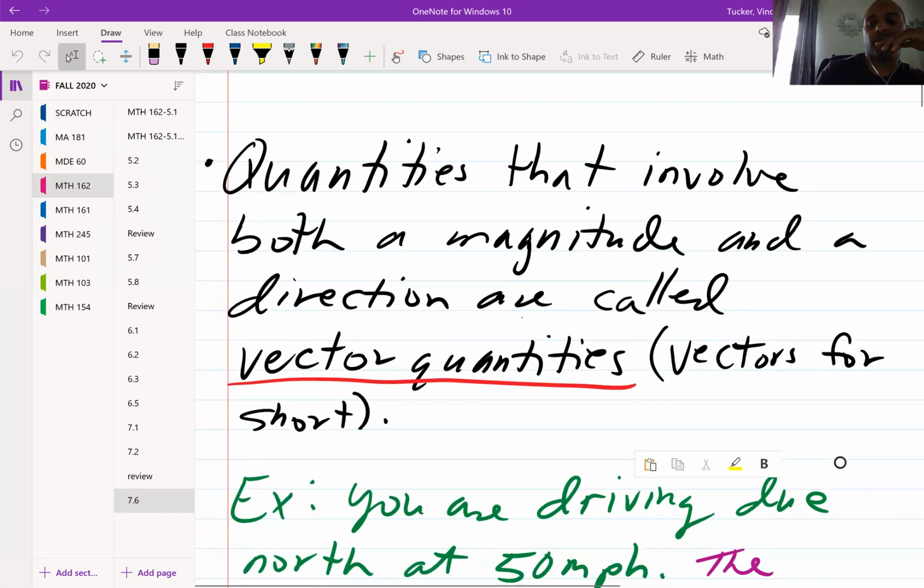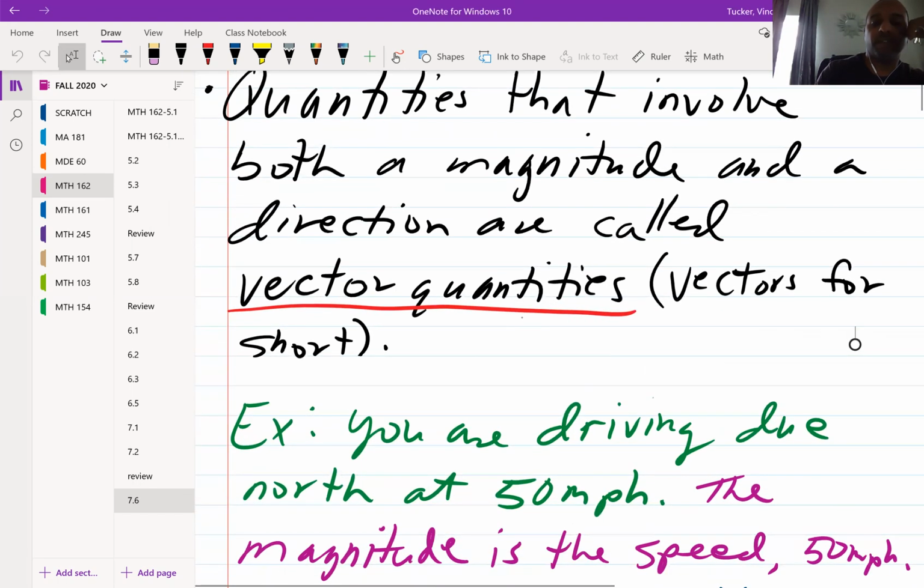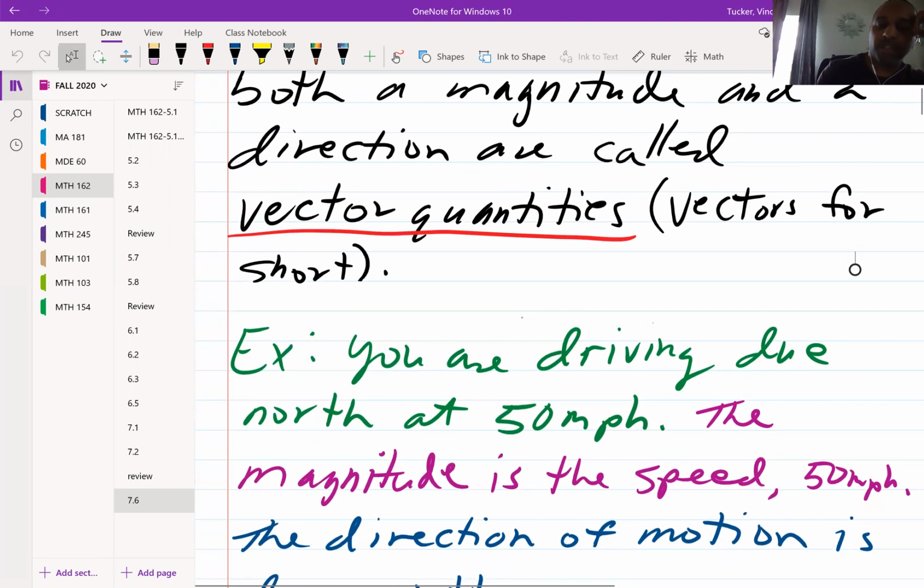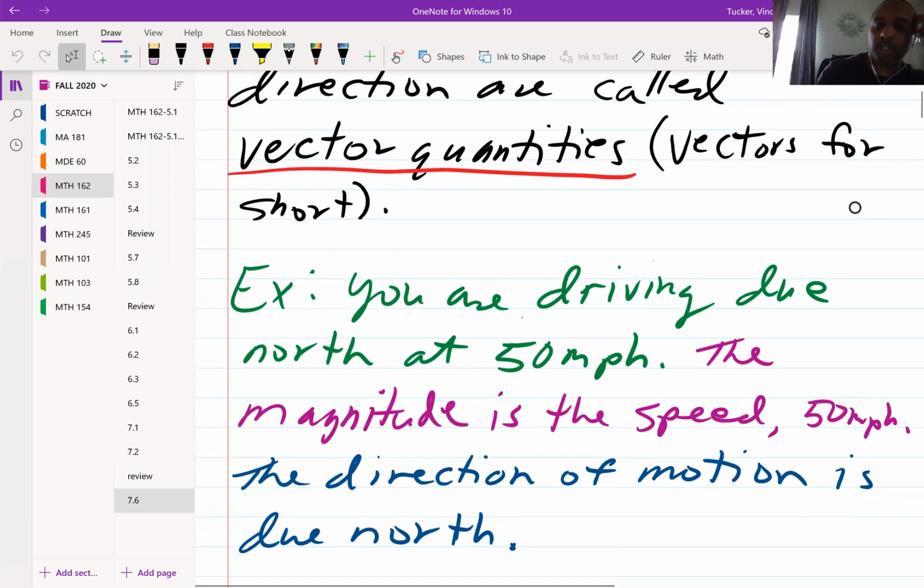An example of that: you are driving due north at 50 miles per hour. The magnitude is the speed, which is 50 miles per hour, and the direction of motion is due north.